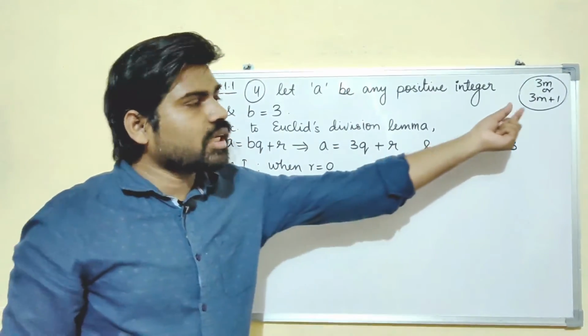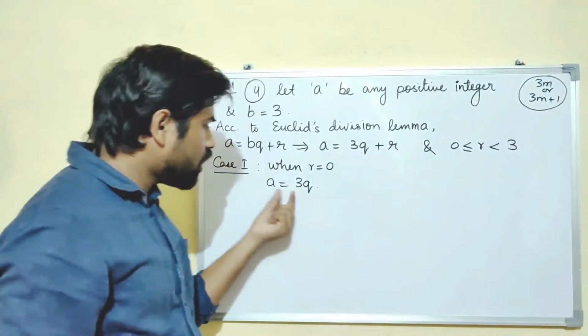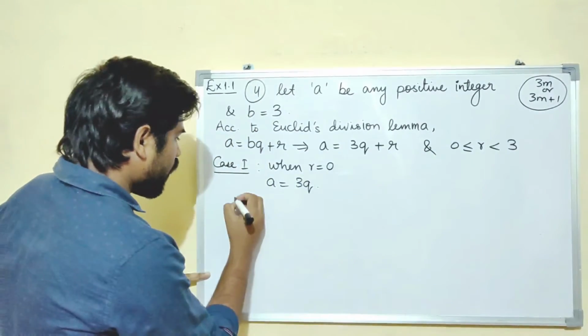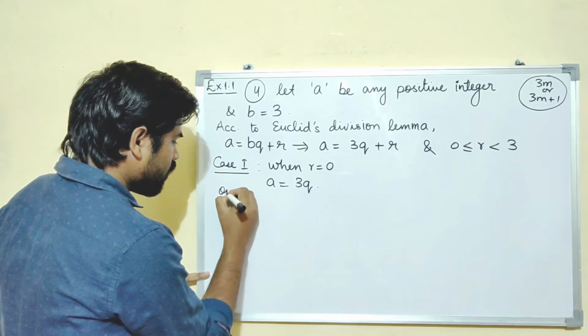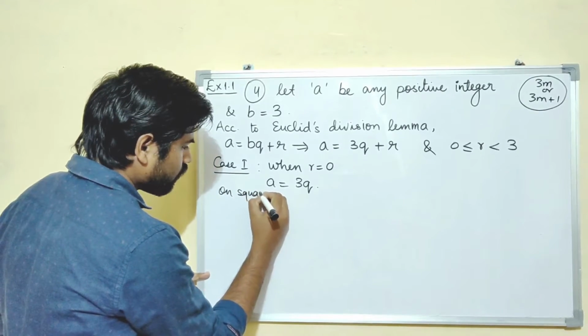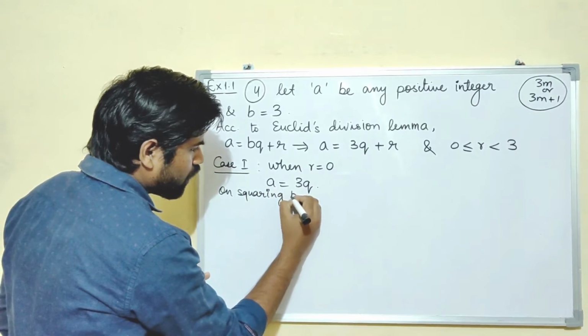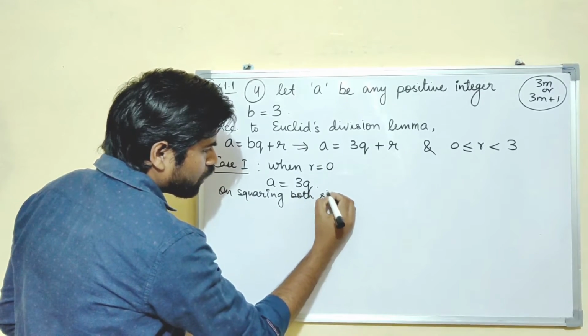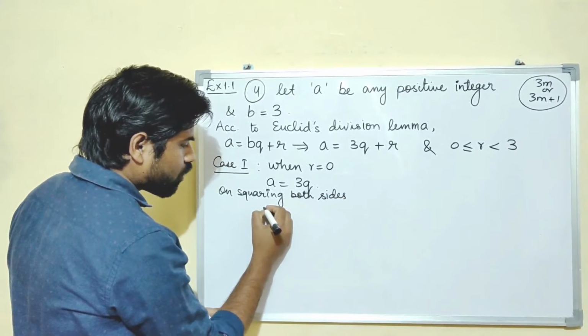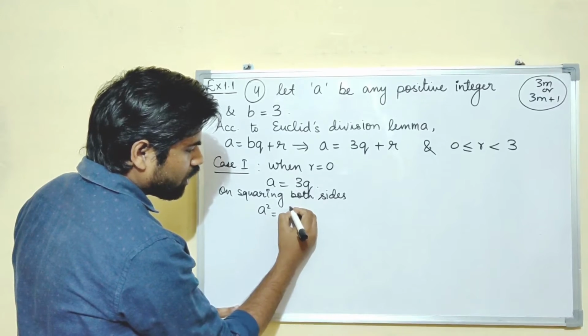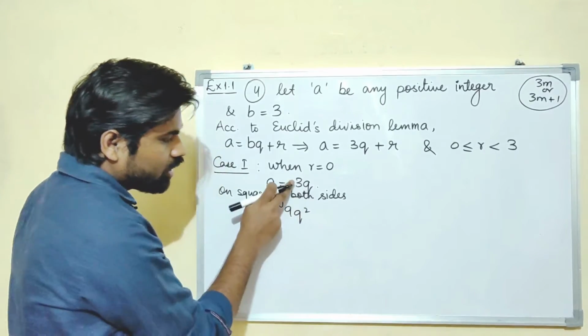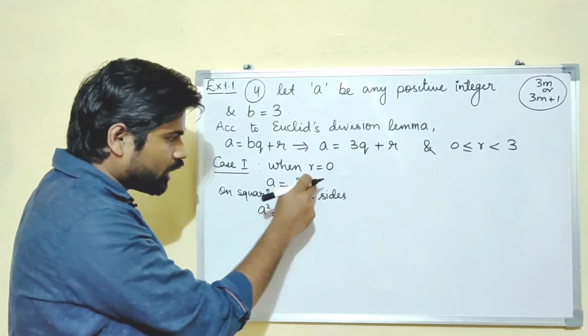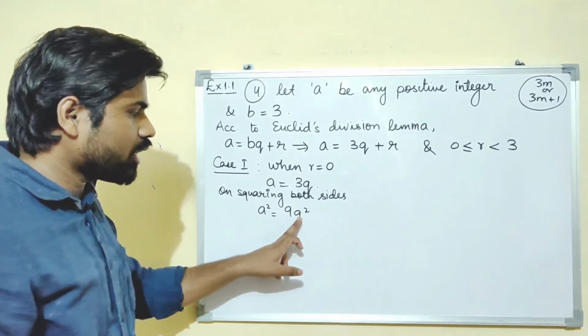Okay, it is representing the square number. So we will square this number. On squaring both sides, you will get a square is equals to 9q square, right? 3 will be squared and q will be squared. You will get 9q square.